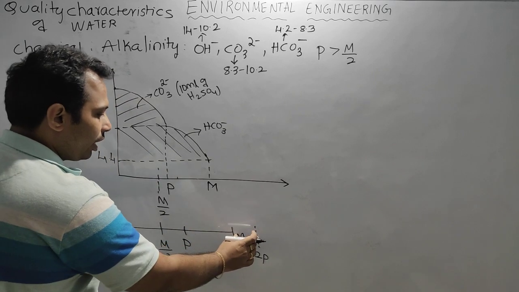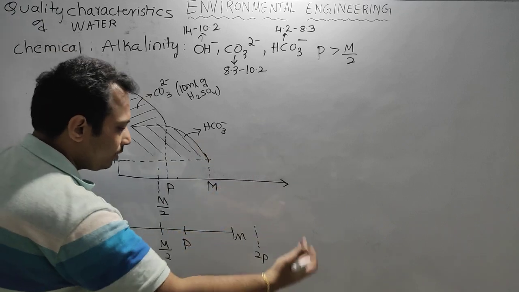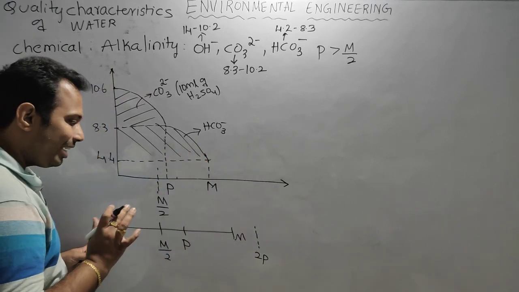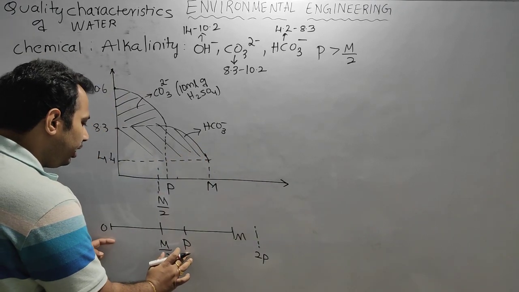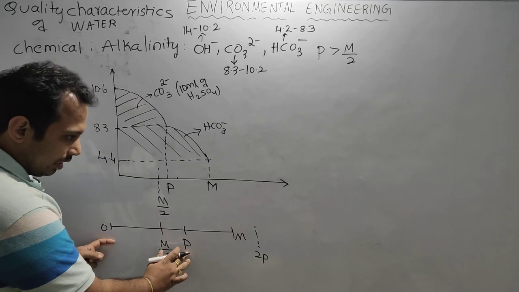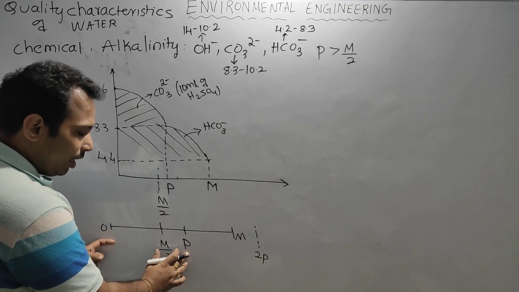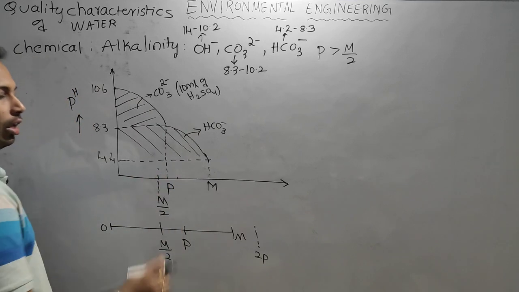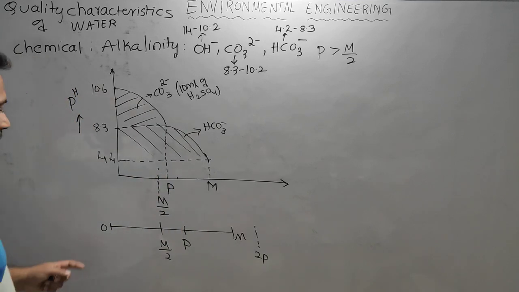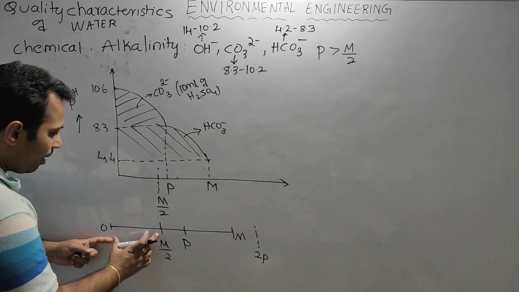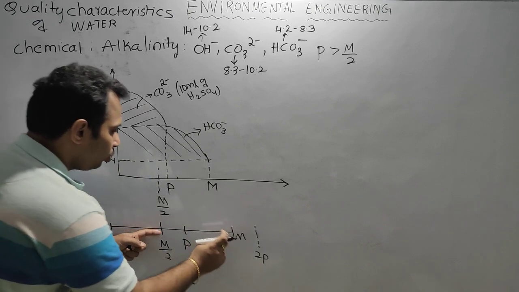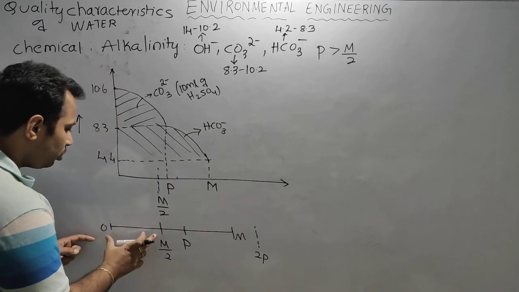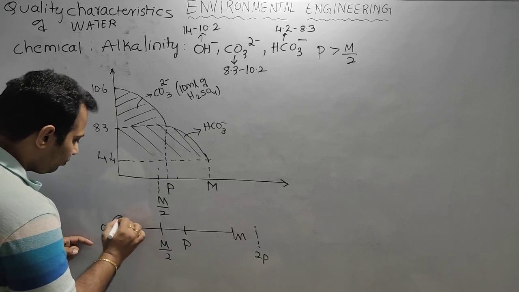But there is no titrant on the other side in the second stage, which indicates that here it is not completely CO3 2 minus. There is some amount of other alkalinity, because up to this point this is M by 2. So M by 2 into 2, that is M. So this part is only CO3 2 minus.